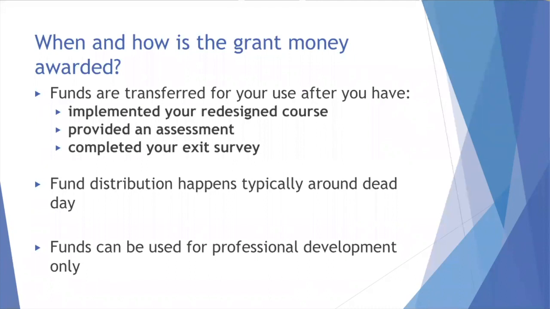So if you implement your open educational materials in fall of 2018, funds will be distributed around dead day after you send us the required materials that we asked for, provided an assessment, and completed the exit survey. Then on dead day, we will get the additional information that we need in order to transfer funds to your department in your name.